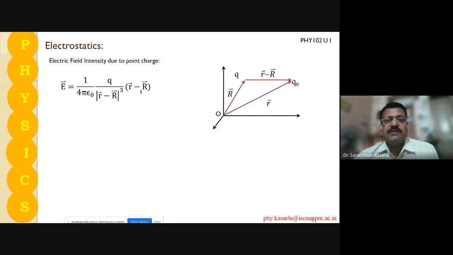So this is a vector quantity, so intensity is now expressed as a vector quantity. This is the expression.